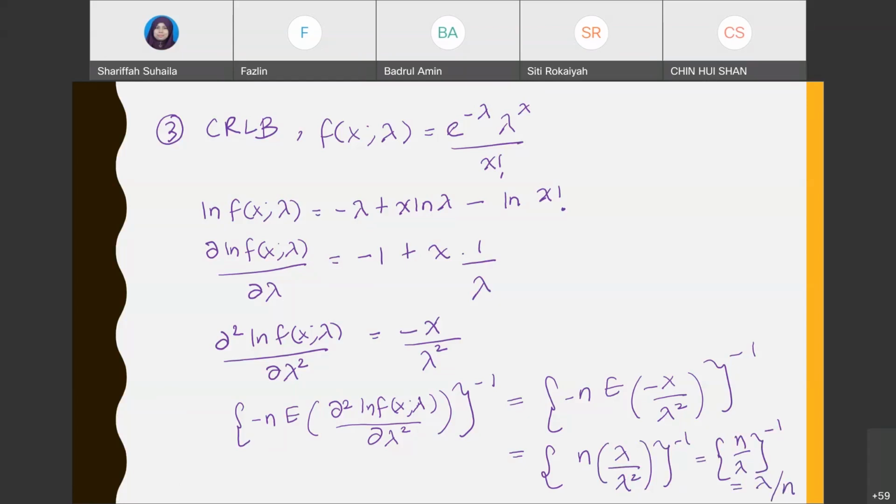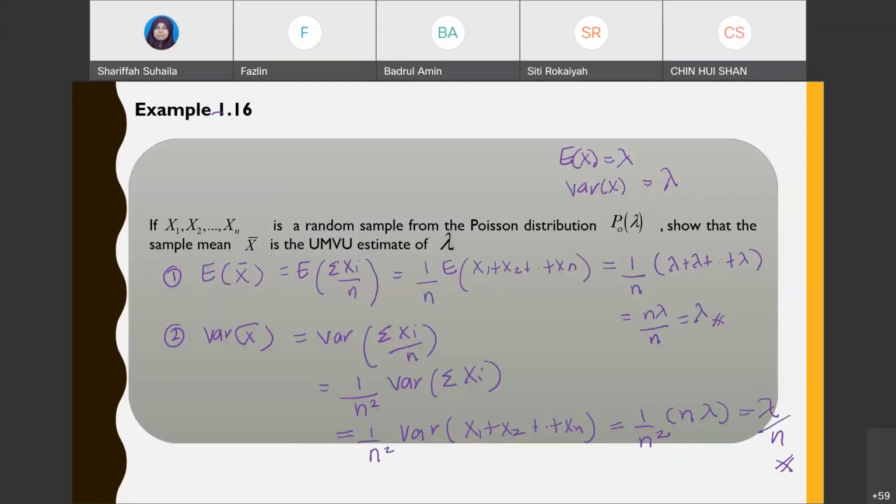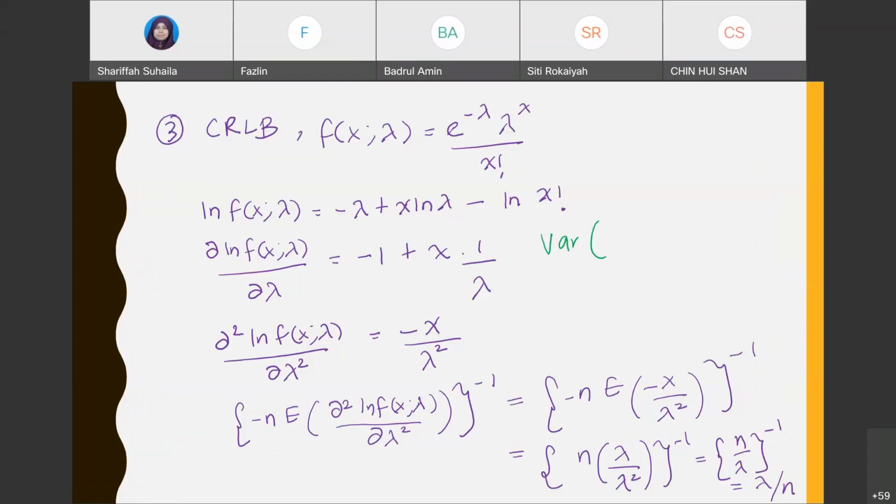So again here tadi kita dah ada variance dia. So variance greater than or equals to lambda over n. So again, in this case, since it attains the Cramer-Rao lower bound, so X bar is a uniformly minimum variance unbiased estimator of lambda.